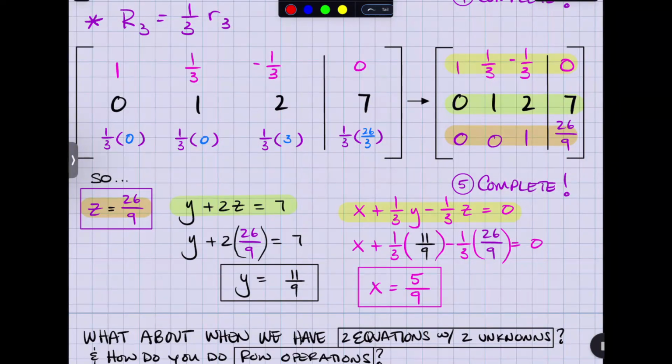How are we doing with all of this? So basically what I'm getting is that you're changing one equation at a time in order to get the goals we need for REF.